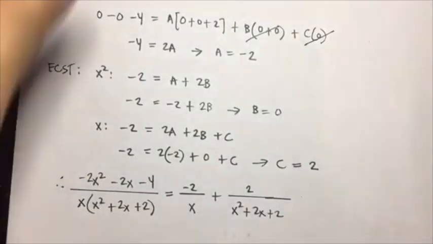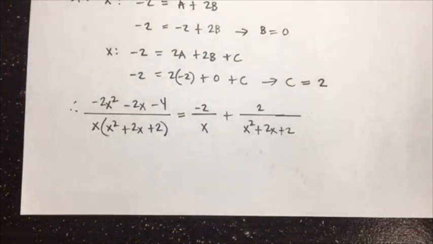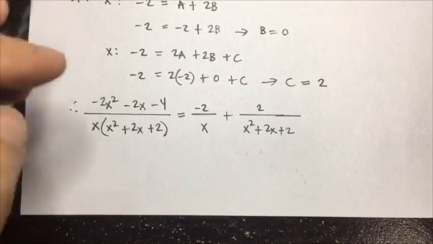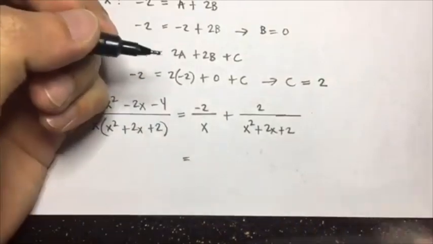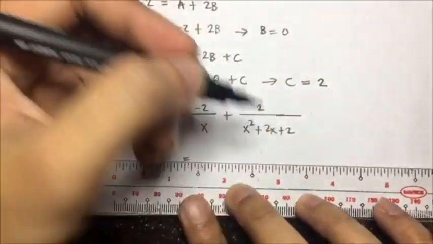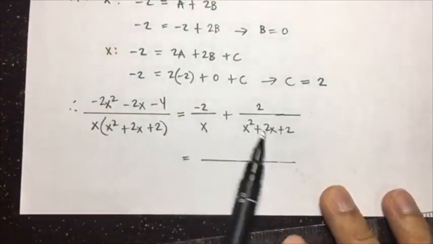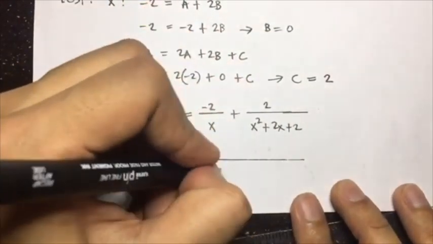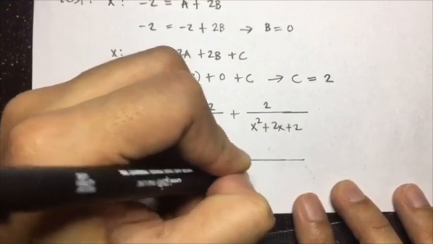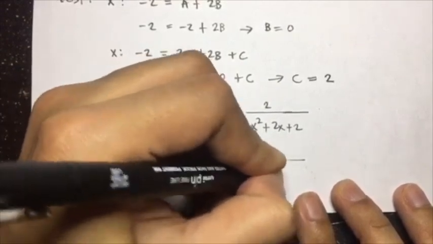Okay, so to check if that is right, all you need to do is add the two. So let's just try to add them. The least common multiple of the denominators is their product, so x times x squared plus 2x plus 2.